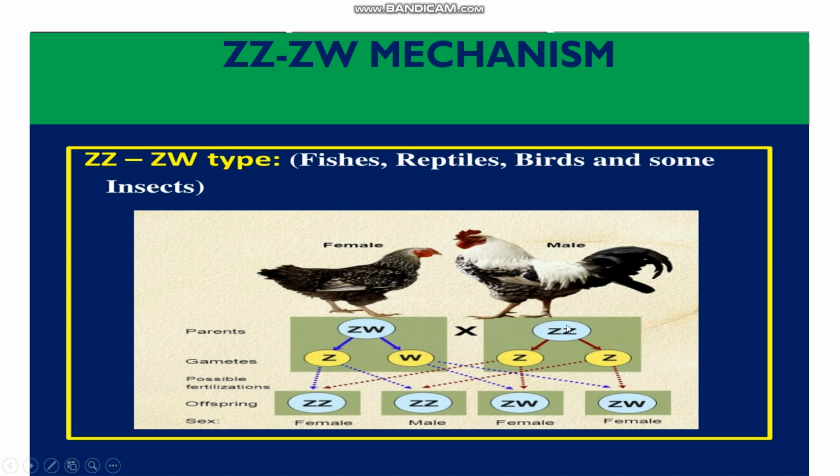Males are homogametic. All the gametes produced carry the Z chromosome. When the Z gamete of the female fuses with the Z gamete of the male, a ZZ individual is produced, that is a male. When the W gamete of the female fuses with the Z gamete of the male, a ZW individual is produced, that is a female. So in the case of birds, females determine the sex of the chicks.